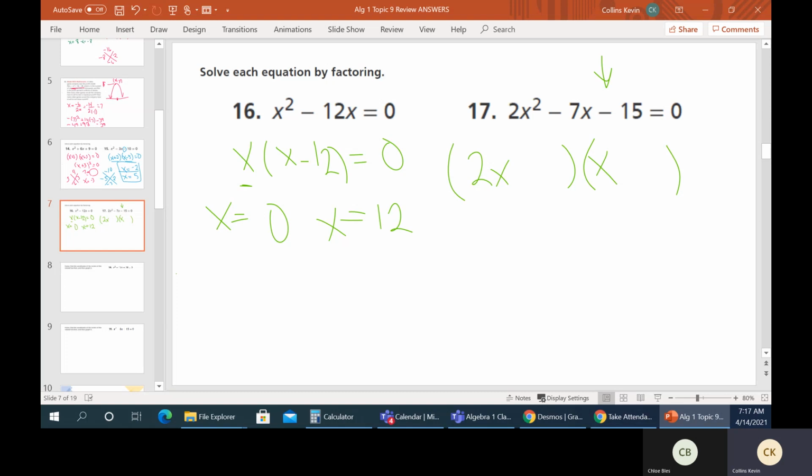Now the question is, which one's going to be which? And then our possible candidates for the number part of this is either 1 times 15 or 3 times 5. And typically, as long as the middle number isn't really huge, you're probably going to use the numbers that are closer together. Okay. So we'll work with the 3 and the 5.